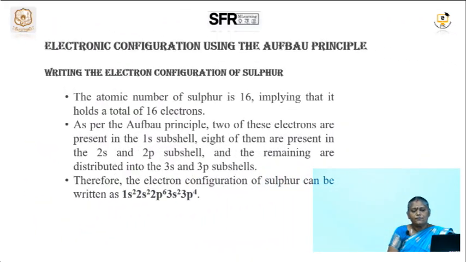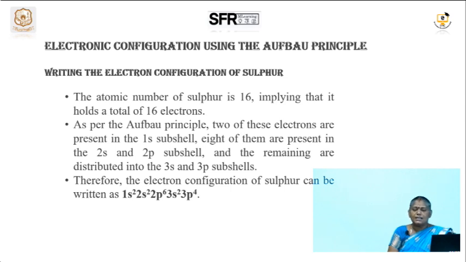Writing the electronic configuration of sulfur explains the usage of the Aufbau principle very clearly. The atomic number of sulfur is 16, implying that it holds a total of 16 electrons.